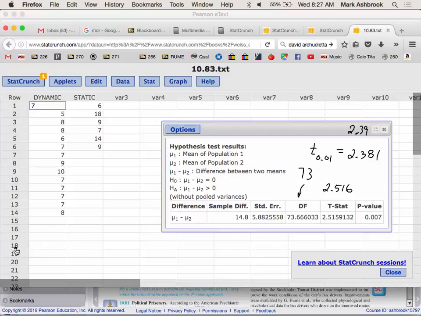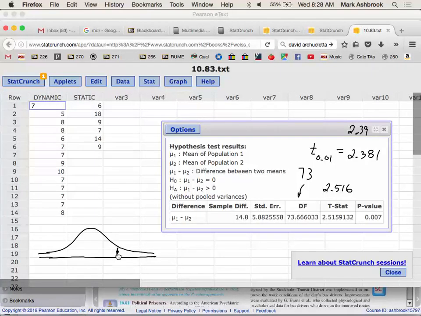Okay, so here we go. We are doing a right-tailed test this time.